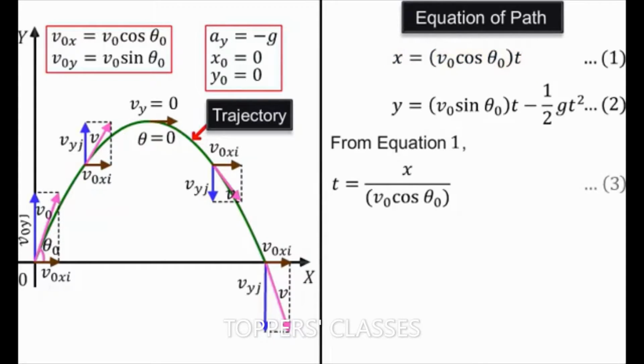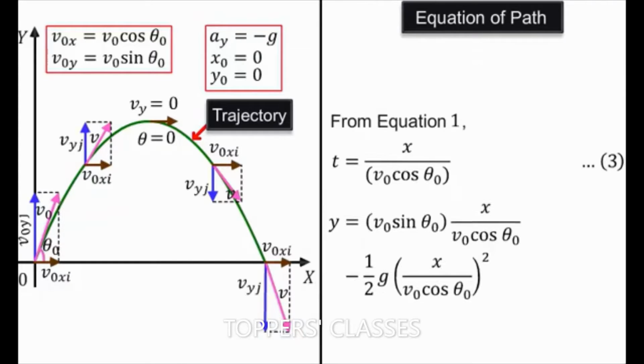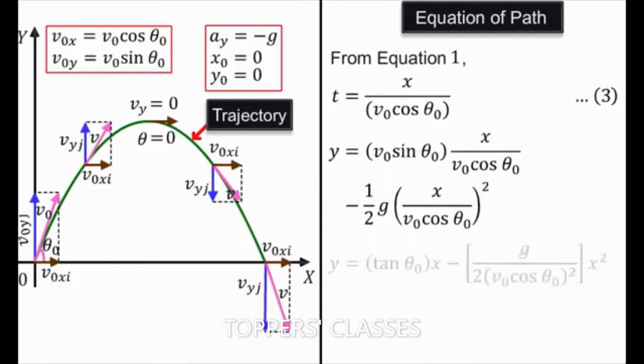Let this be equation 3. Substituting equation 3 in 2 and simplifying, we get y is equal to tan theta 0 into x minus g divided by 2 into v0 cos theta 0 square into x square. Let this be equation 4.